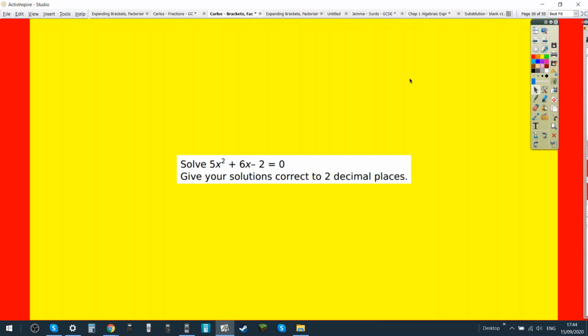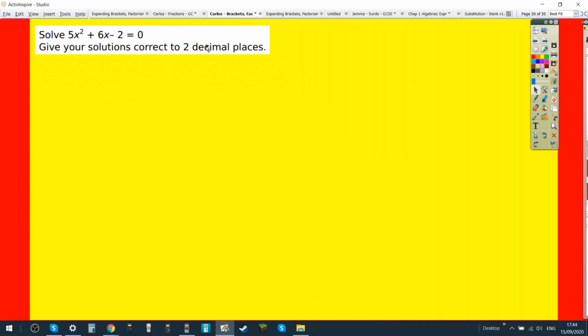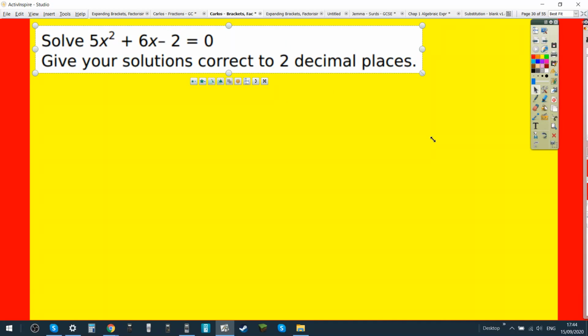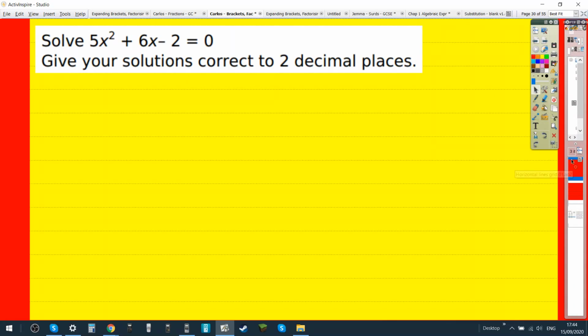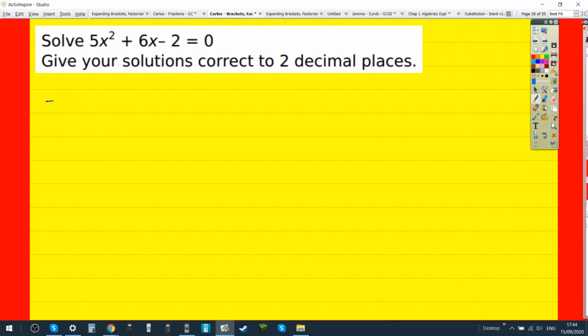What do you remember about that formula? What, the last question? Yeah. Oh no, I believe they give you that formula. Yeah, they give you the formula. So x equals minus b plus or minus square root b squared minus 4ac all over 2a.